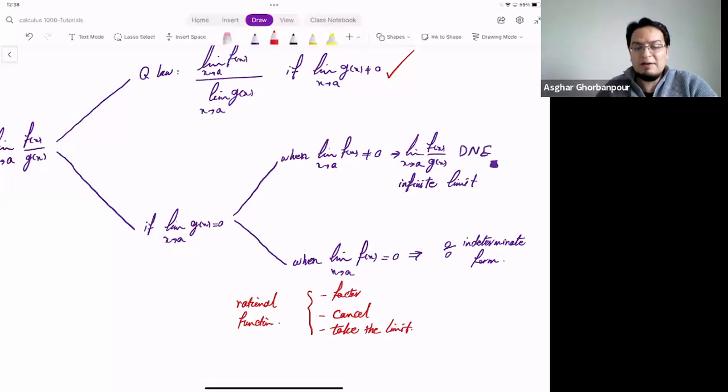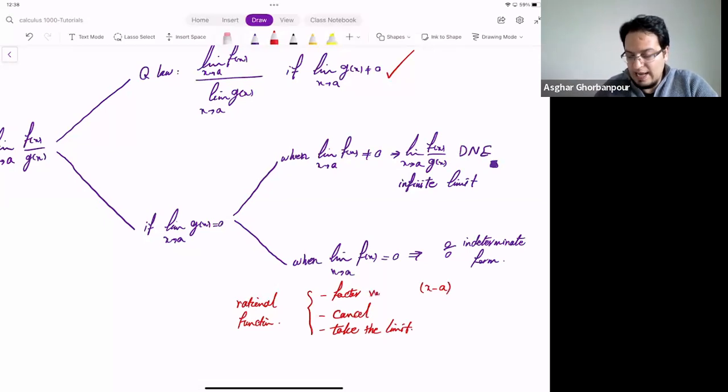When you have 0 over 0, or a limit of a polynomial equal to 0, if you try to factor that polynomial, you will find the factor x minus a.